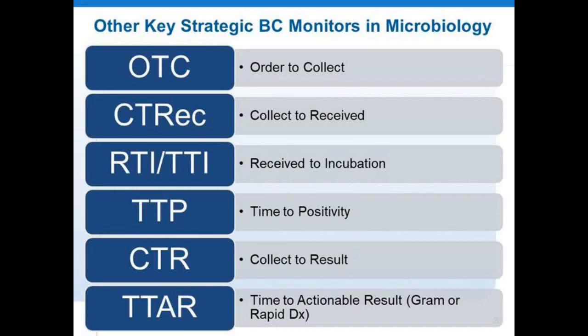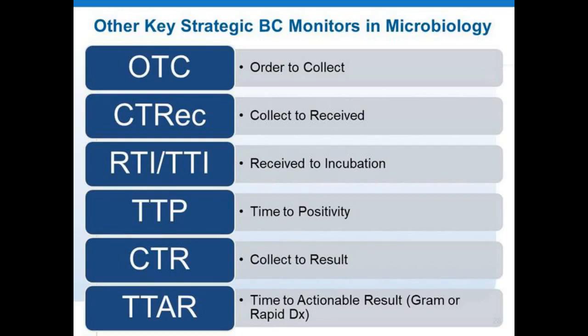Other key strategic blood culture monitors in microbiology that people may not think of are the order to collect time, the collect to receive, receive to incubation, your time to detection or time to positivity, collect to result, and a new one sort of emerging is this time to actionable result, the time of the gram stain, the time of the rapid diagnostic.